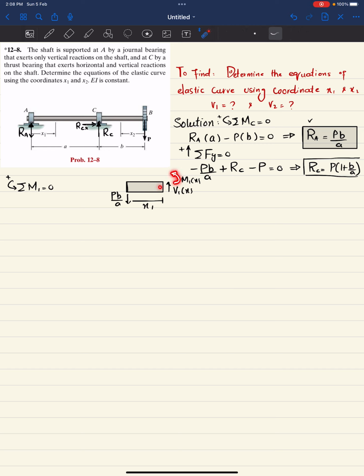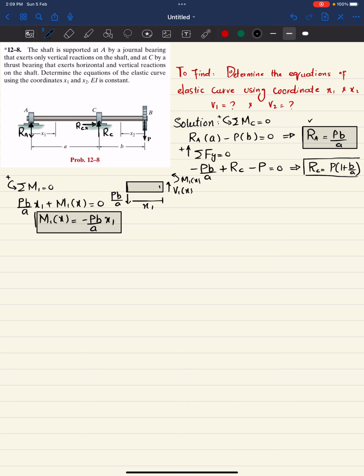About point 1 we have M1 of x, which is counterclockwise, so it is positive, and Pb over A times the perpendicular distance x1, also counterclockwise, so positive. Their sum must be equal to 0. So Pb over A times x1 plus M1 of x is equal to 0. From here M1 of x is equal to minus Pb over A times x1. So this is your moment equation.